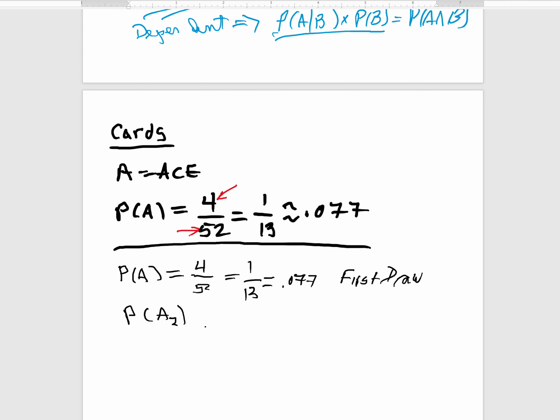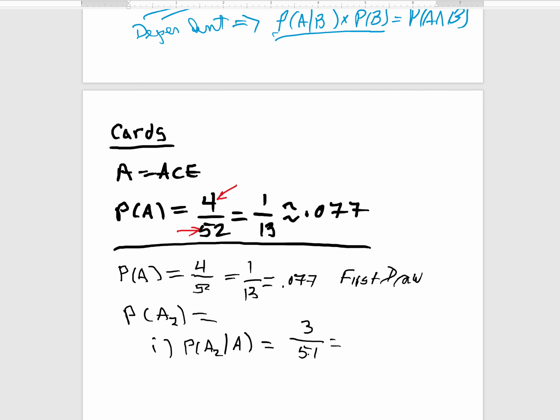Well, this is weird because I have 2 possibilities. One possibility is the probability of getting an ace on the second draw, given that I picked an ace on the first draw. This is where conditional probability comes in. How many aces are left? If I picked one and I didn't replace it, there's 3 left. And I didn't replace 1 card, so I get 3 out of 51.